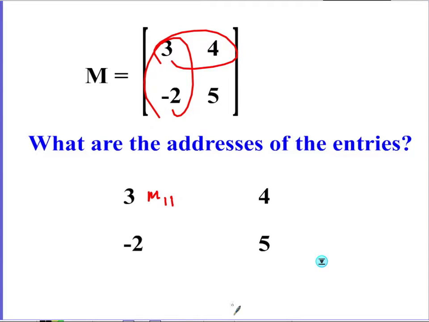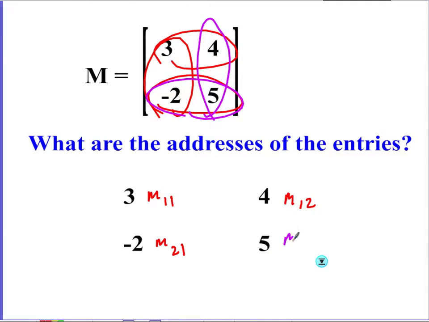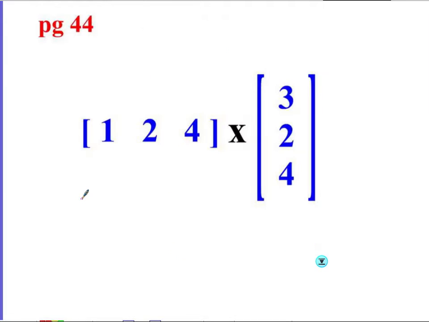Entry number 4 is going to be in the first row, second column. Entry -2 is going to be in the second row, first column. And finally, entry 5 is going to be in the second row, second column. Okay.